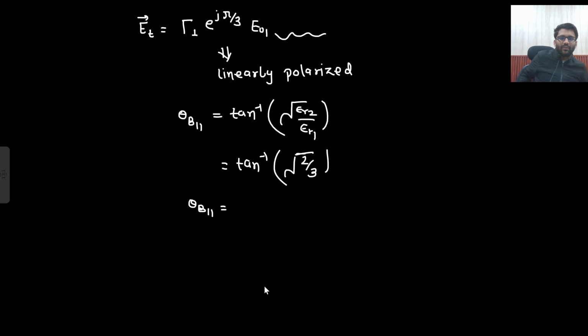I can do the calculation. So it comes to tan inverse of under root 2/3, which is 39.23.